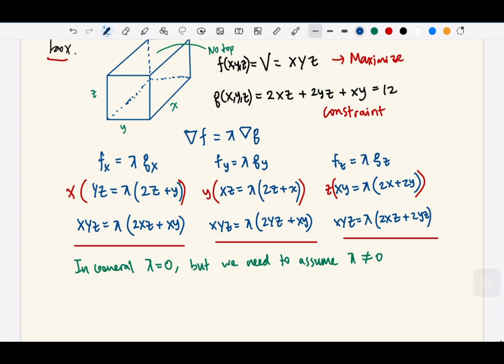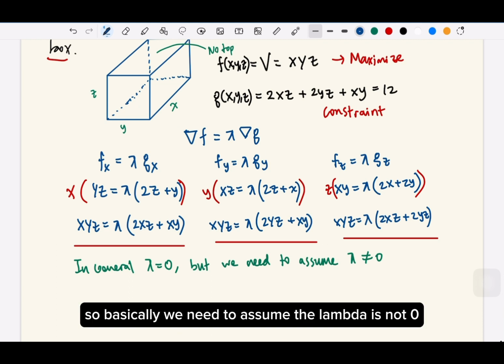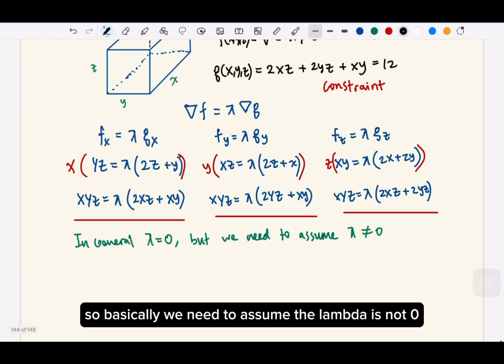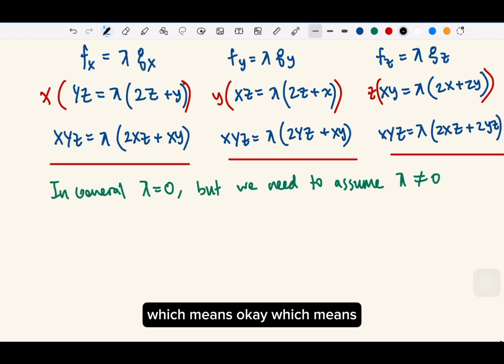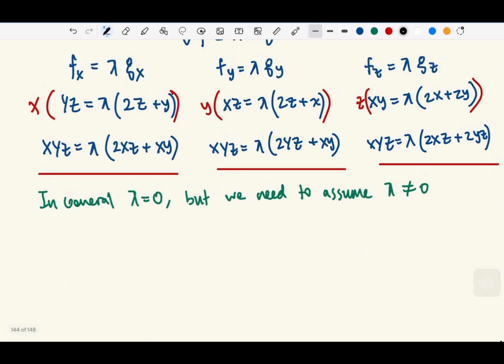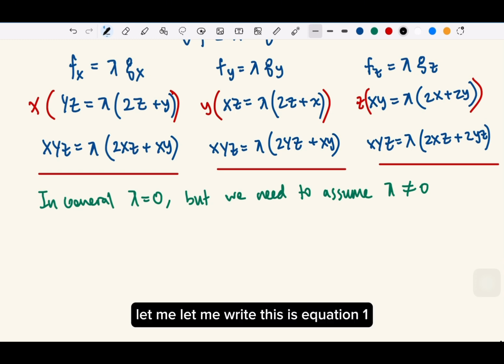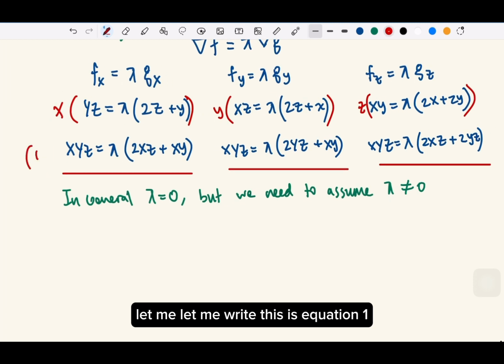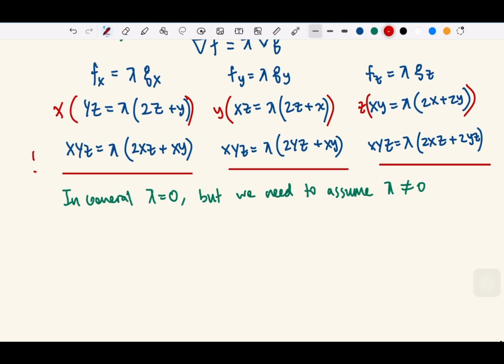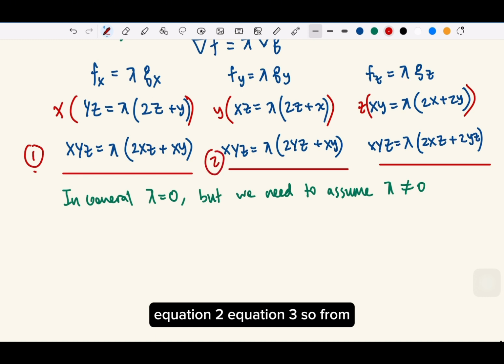So basically, we assume lambda is not 0. Let me write, this is equation 1, equation 2, equation 3.